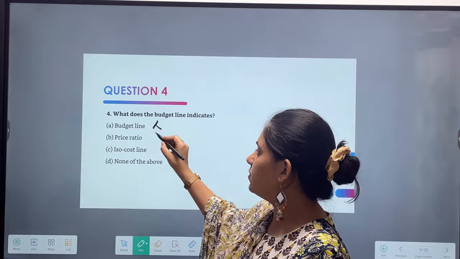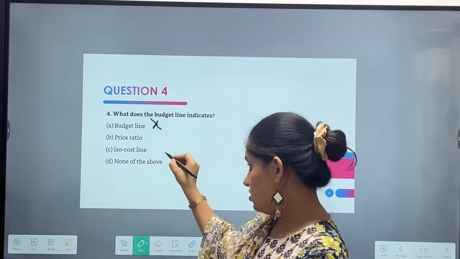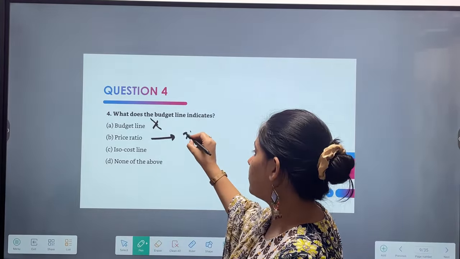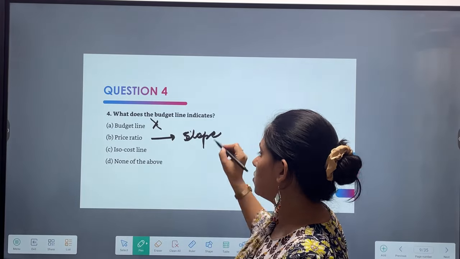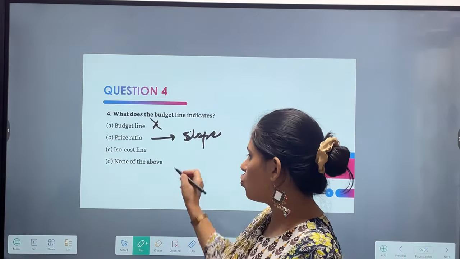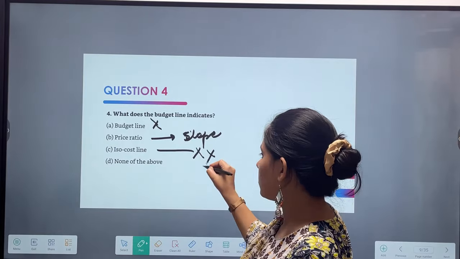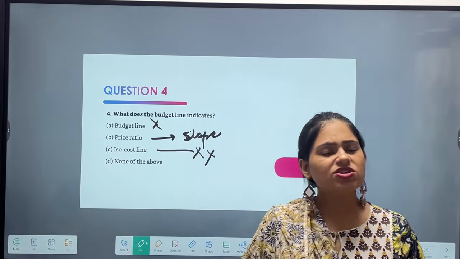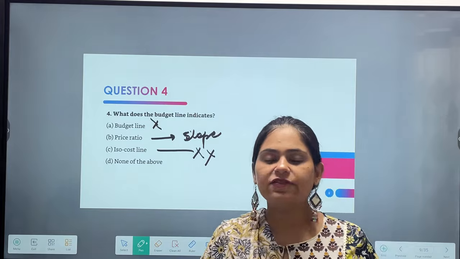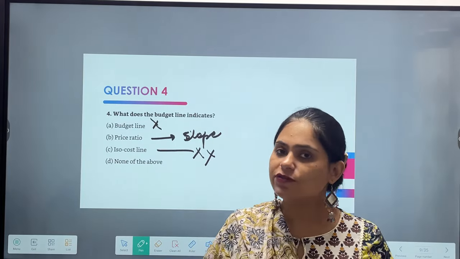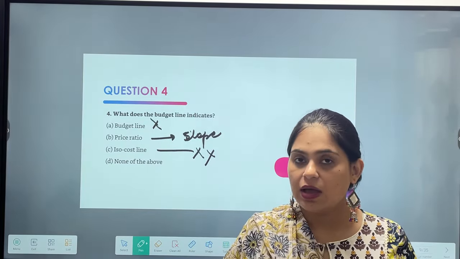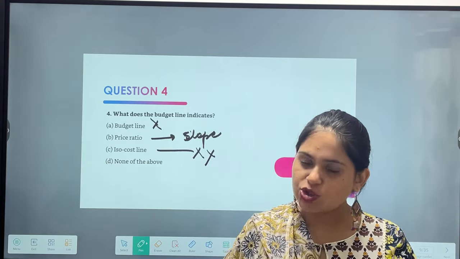In a way, yes. That's the slope of the budget line. Does it give me the isocost line? No. So the budget line just tells me the rate at which I will be substituting one good for another, right? It is the market rate at which you substitute one good for another. That is what the budget line tells you.